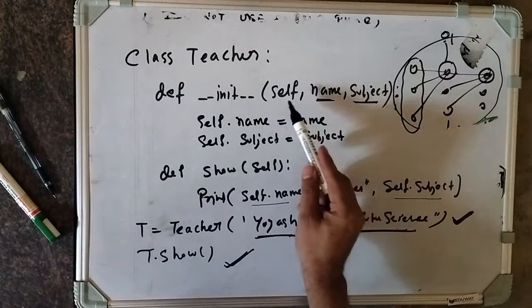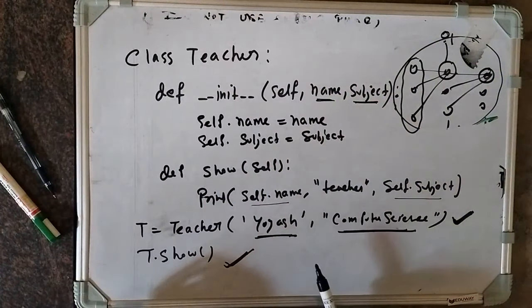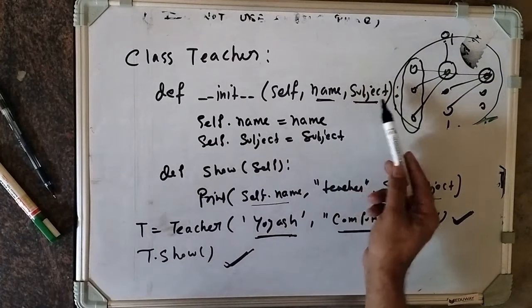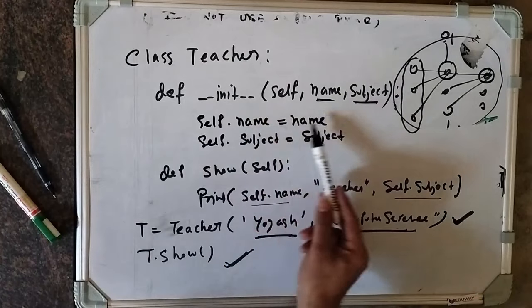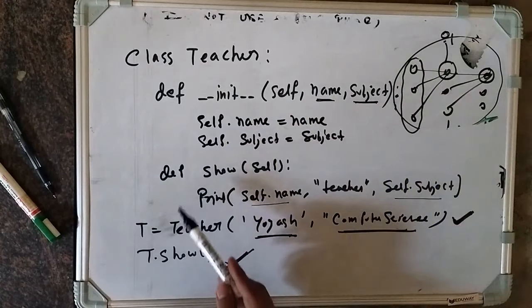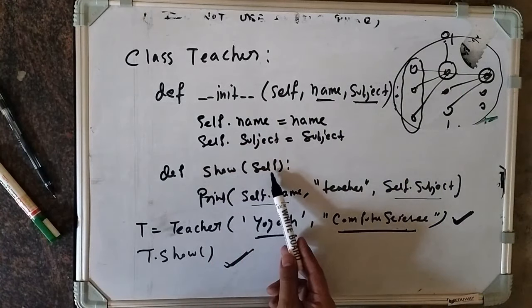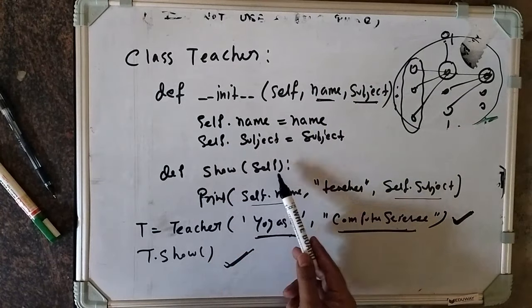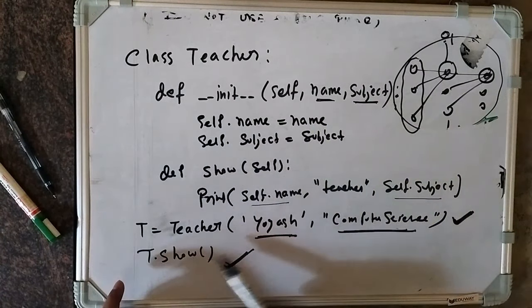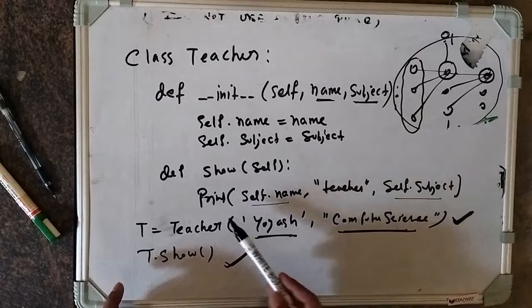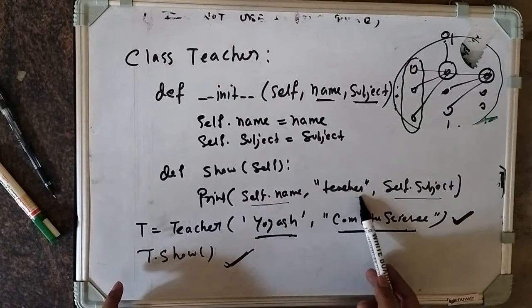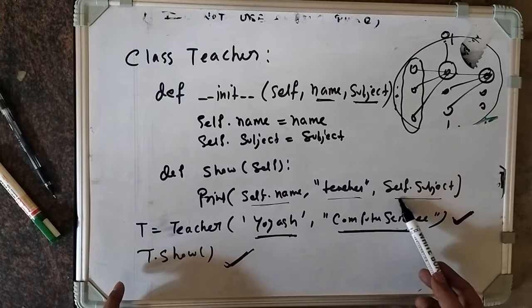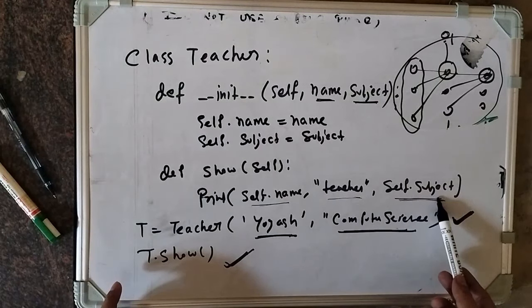Self is the object you just created, so it will access name and subject, which are the arguments. So self.name is equal to name, self.subject is equal to subject. Another function takes just self, whatever instance you created. It prints self.name, the name will print here, then the text teaches, and self.subject, this subject will display here.